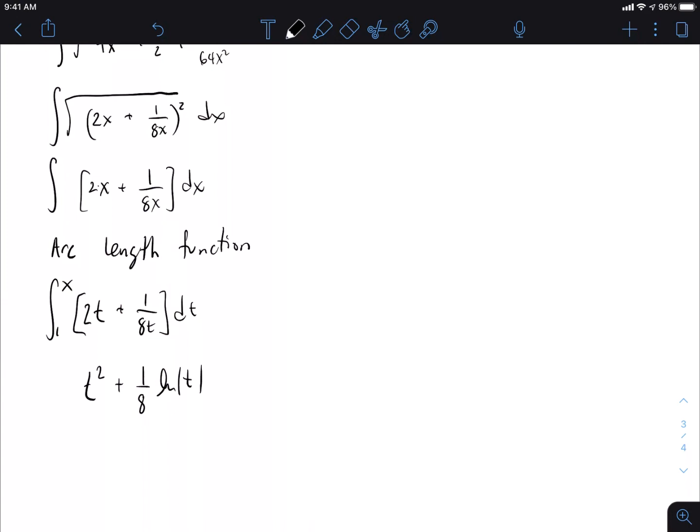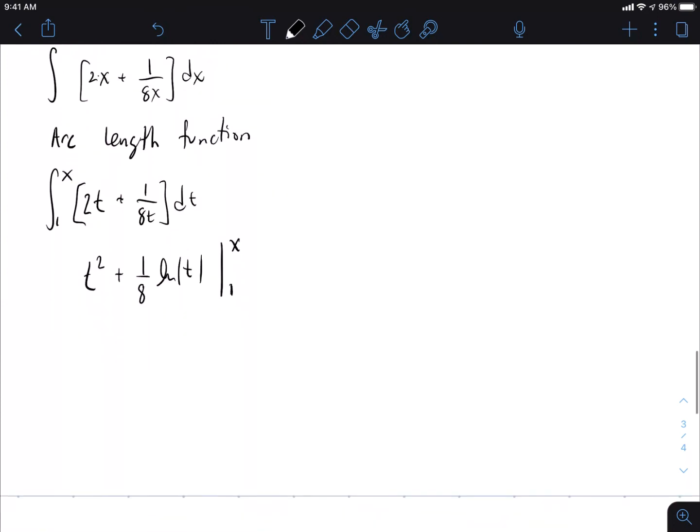Should be an absolute value. And then we're going to evaluate that from 1 to x. So then what I'm going to get is, oh, and this function should be s of x, right? S representing the arc function. So I'm going to get x squared plus 1/8 ln absolute value of x minus 1, right?